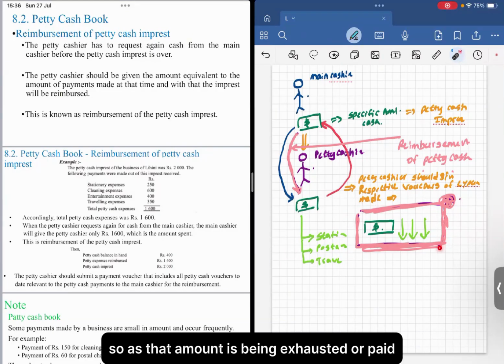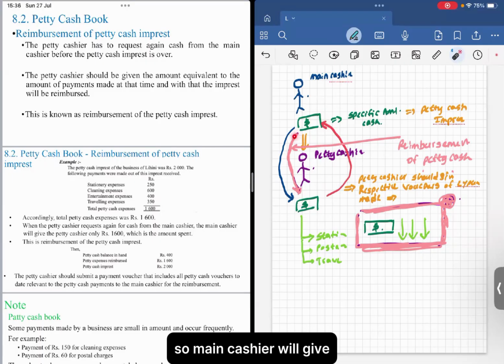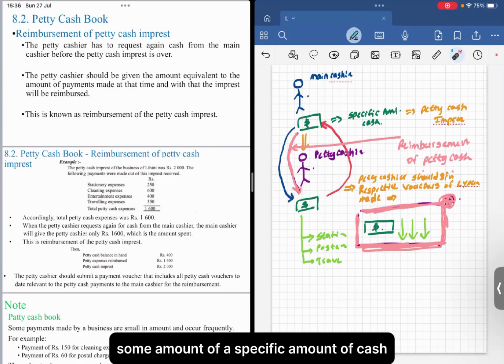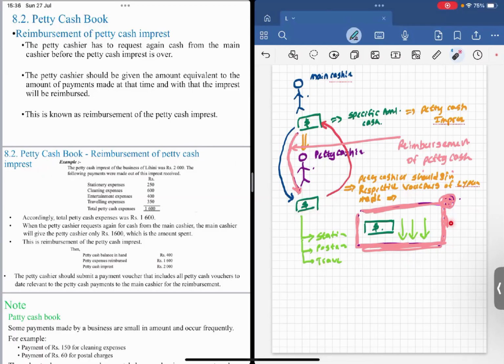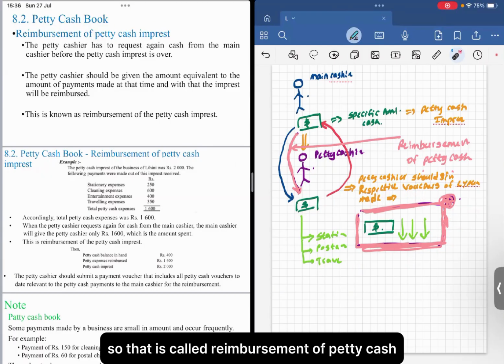As that amount is exhausted, he will have to ask for money back from the main cashier. The main cashier will give a specific amount of cash equivalent to the amount spent during that period. That is called reimbursement of petty cash.